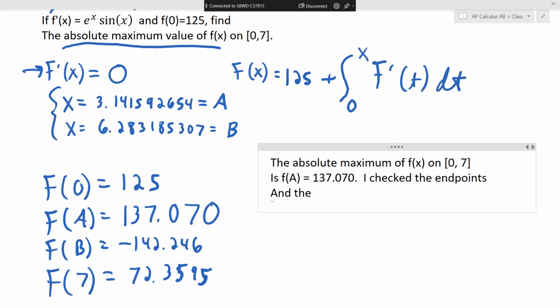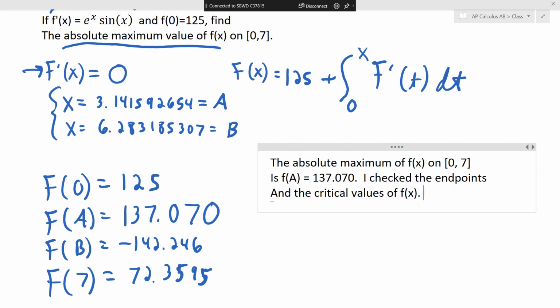Yeah, I know, I got you. That's why I'm pointing this out, to make sure you guys don't make this mistake. It's easy. We found the what of f prime? We found the zeros of f prime. We found the critical values of f of x. Either one of them is correct to say here. Just don't say you found the critical values of f prime, because you didn't. Make sense? So I found the critical values of f of x.